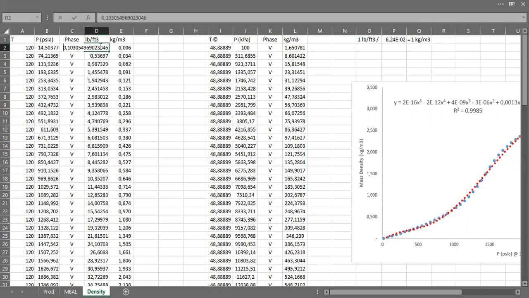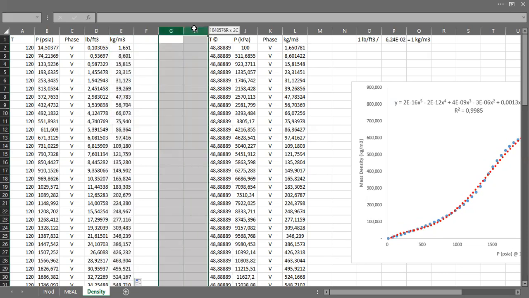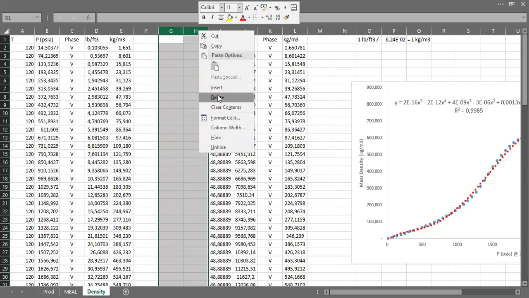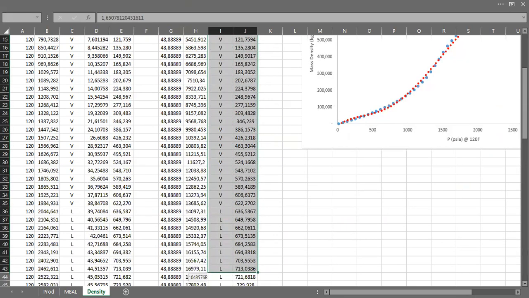So actually anything here should be divided by this one. So not multiplied, but divided. So if I divide with this one, so now the values are perfectly the same as this one in standard unit.